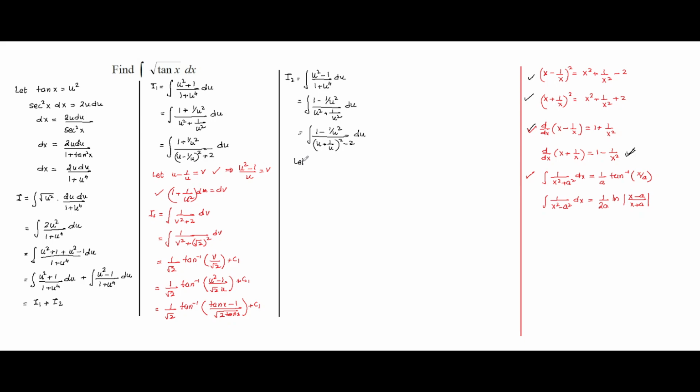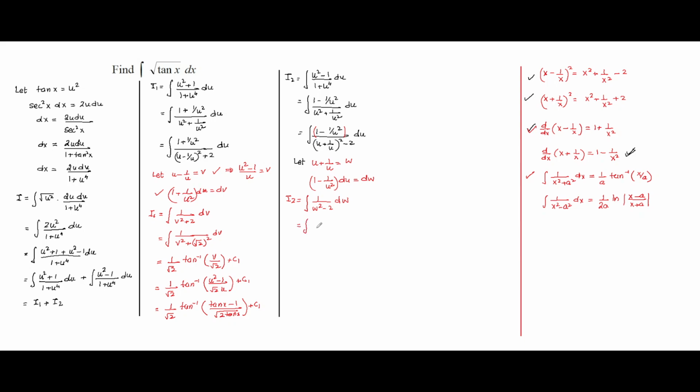Assuming u plus 1 over u as, say, w. Now differentiating, we get 1 minus 1 over u square times du equals dw. Substituting in the equation, we get I2 is equal to integral 1 over w squared minus 2 dw, because the complete numerator along with this du becomes dw.